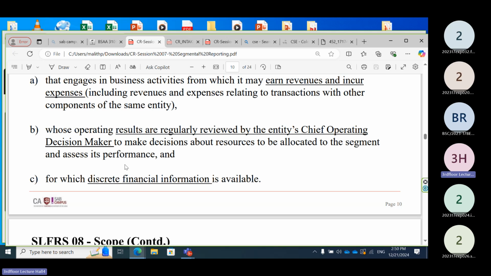For production purposes, we are having operating segments. As an operating segment, we should have separately identified KPIs, production, and cost elements. To make management decisions, we have different units in an organization. Different production units are called operating segments.